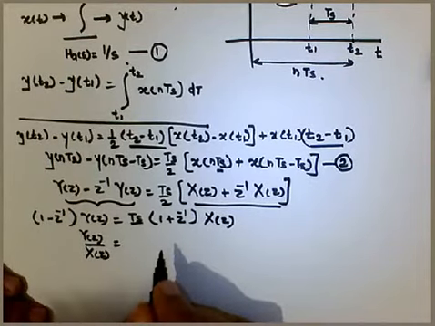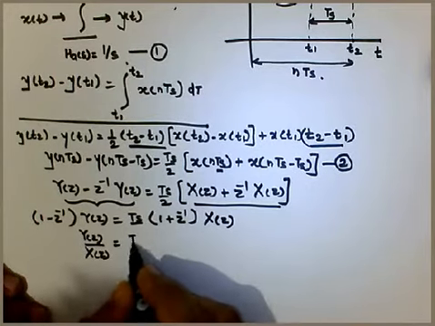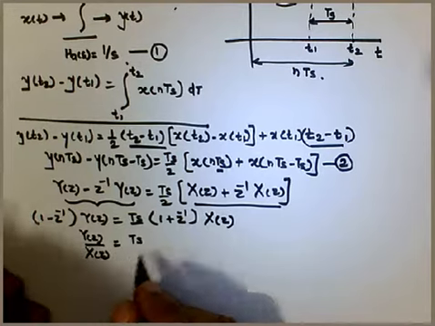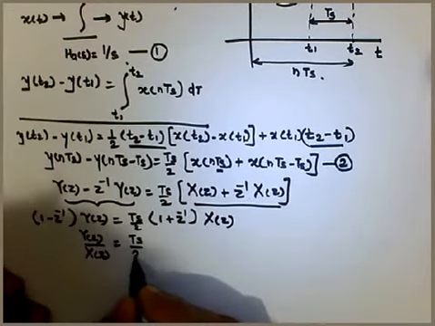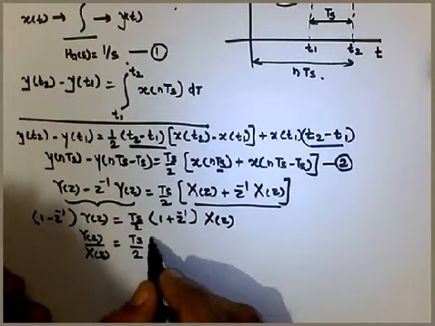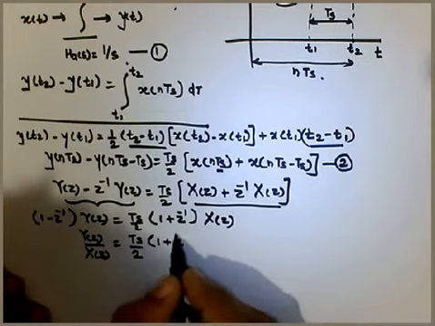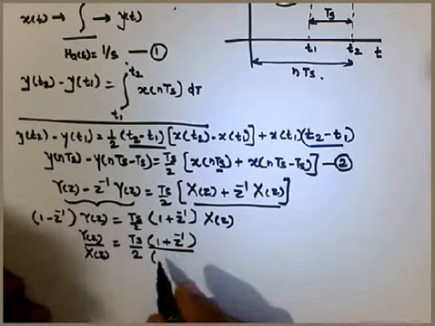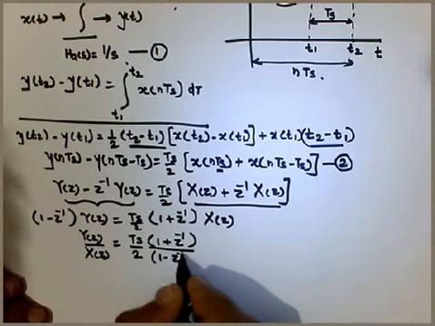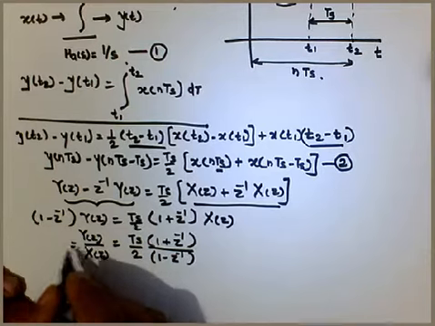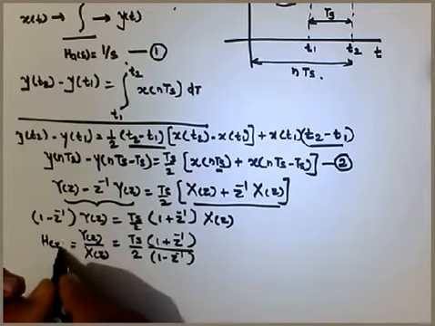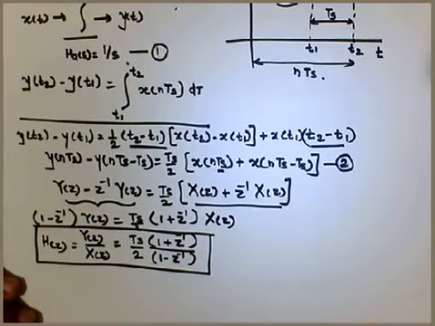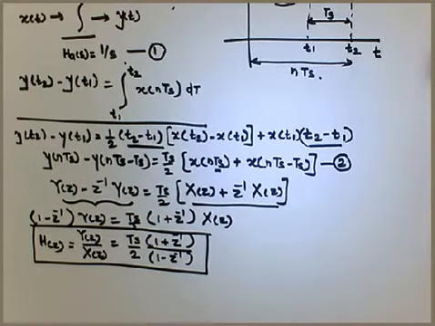So y of z by x of z is nothing but Ts by 2 times 1 plus z inverse over 1 minus z inverse. So this is nothing but the overall h of z, that is the transfer function of the digital filter. This is how it is written.